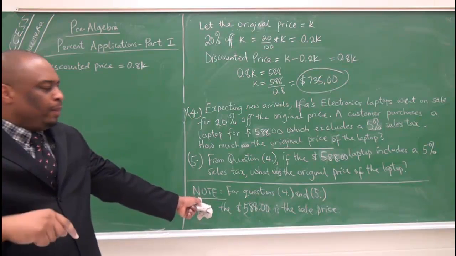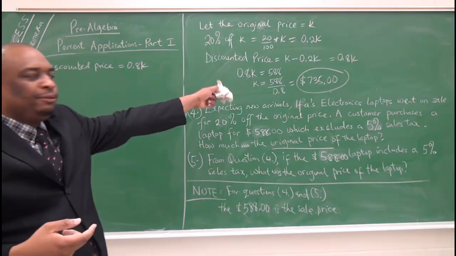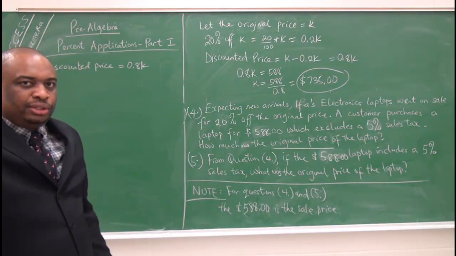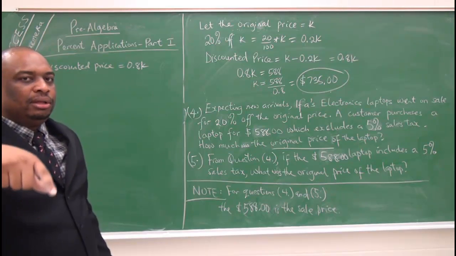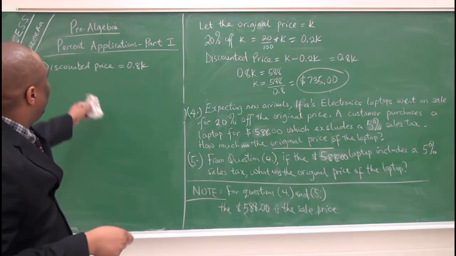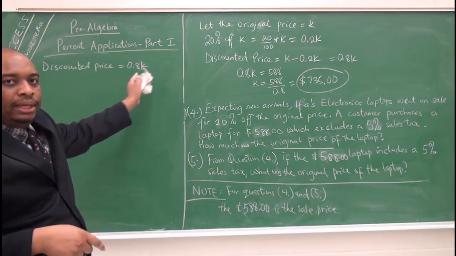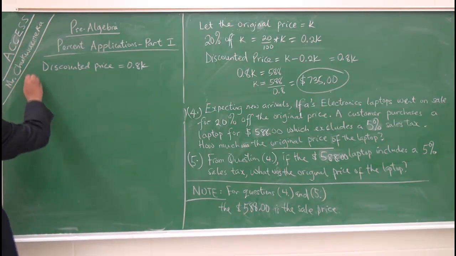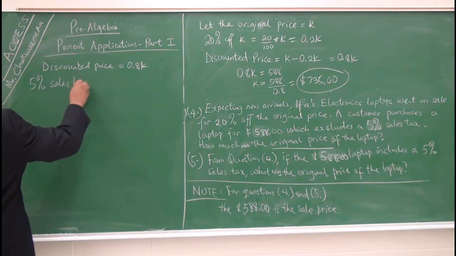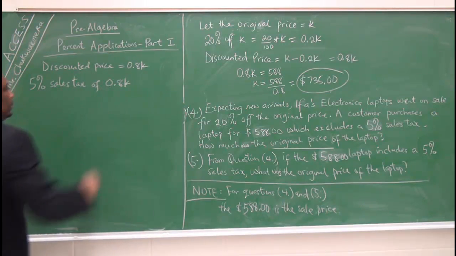But remember, we won't just equate 0.8K to 588, because in this case, the 588 includes the 5% sales tax. So when you get the discounted price, you find the 5% sales tax of 0.8K.